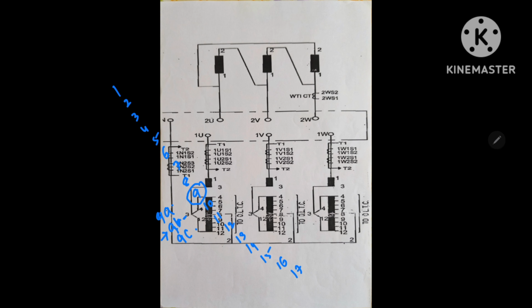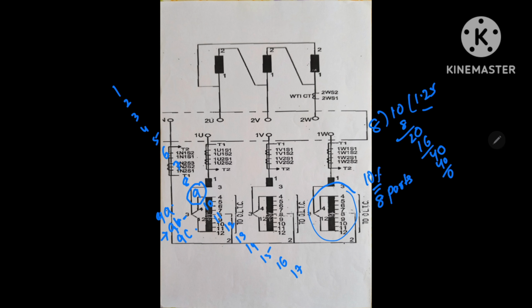It will stop in the 9B. So actually this additional winding 10% is divided into 8 parts. So 10 by 8, each part is 1.25%.